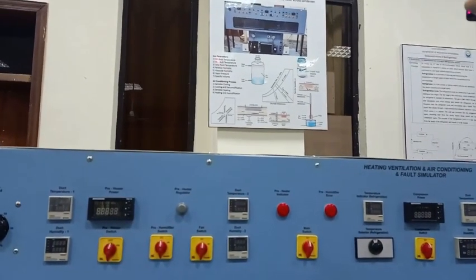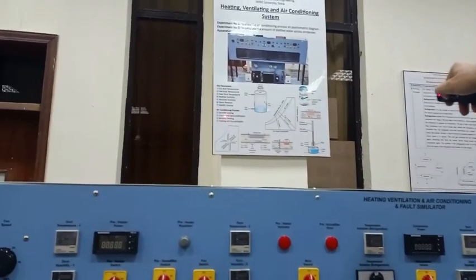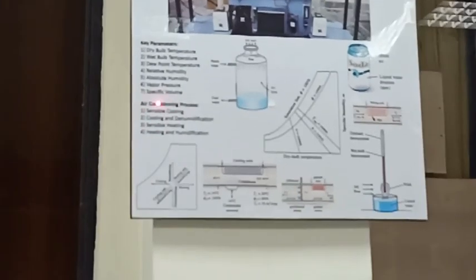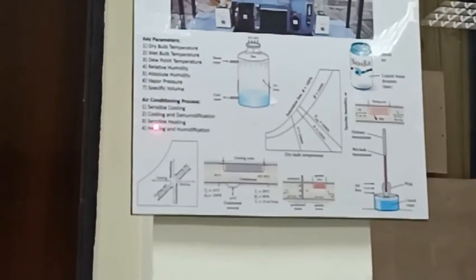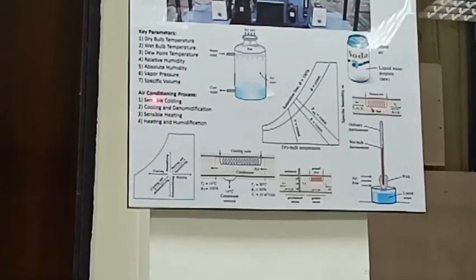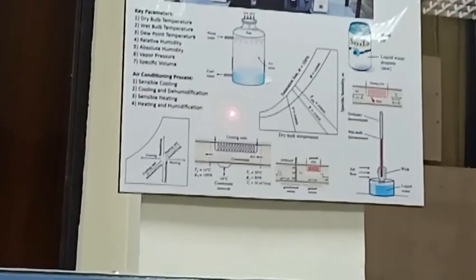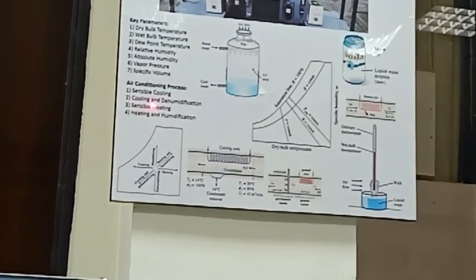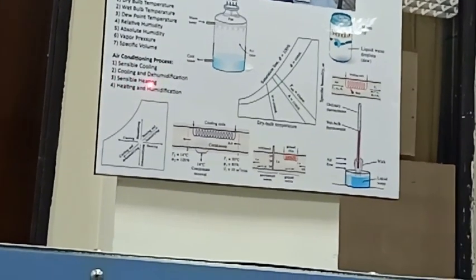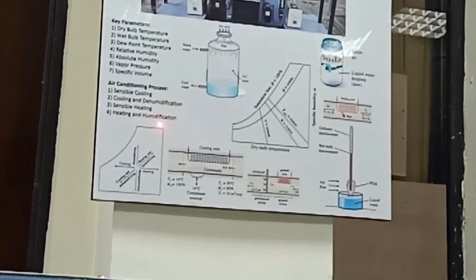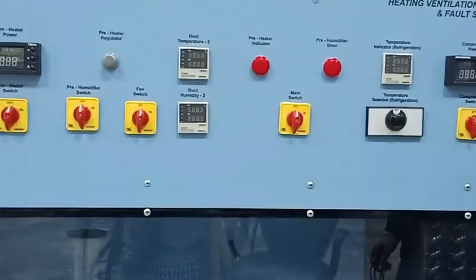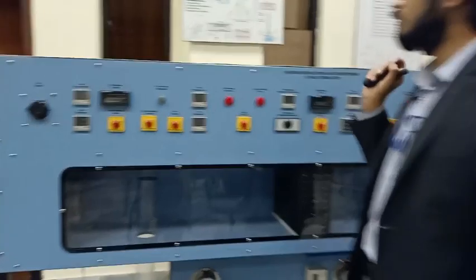You can see here, we can study the effect of sensible heat, we can study the effect of sensible cooling, we can study the effect of cooling and dehumidification, we can study the effect of sensible heating, and we can also study the effect of heating and humidification. Okay, so first of all, how we will study the sensible cooling only?